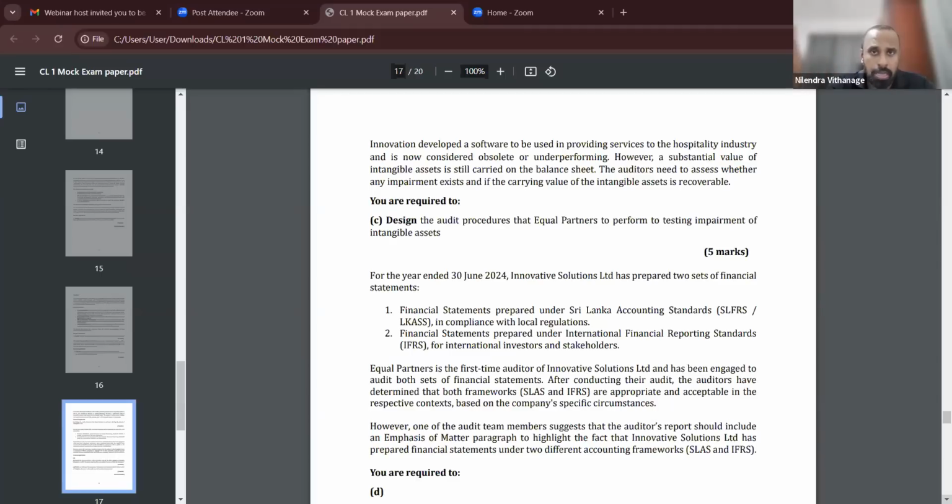For value in use, evaluate the discounting factor that the management has used. See whether the cash flows used are reasonable and the assumptions are reasonable. Evaluate the most recent available interim financial statements. Do that as well. Okay.